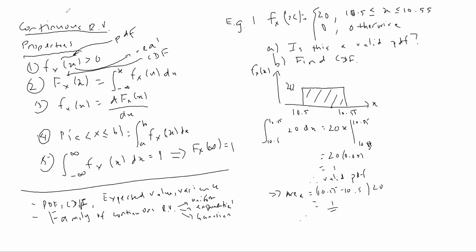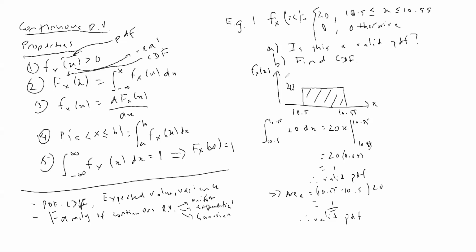So this is also a valid PDF. The other way of looking at it: the area under the curve must be equal to 1. So you usually do not need to rush into integration. Sometimes if it looks simple enough, you can just use the standard formula, and you'll notice that's what happens most of the time.